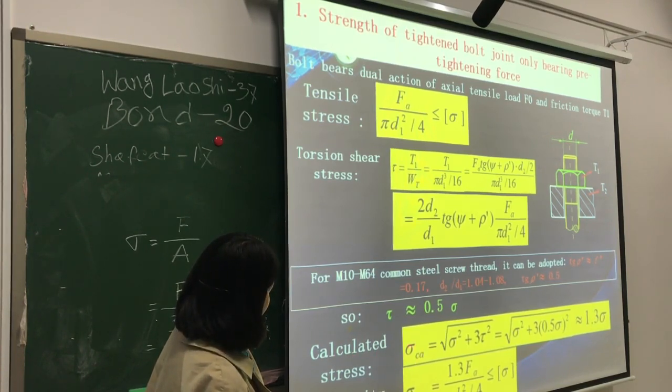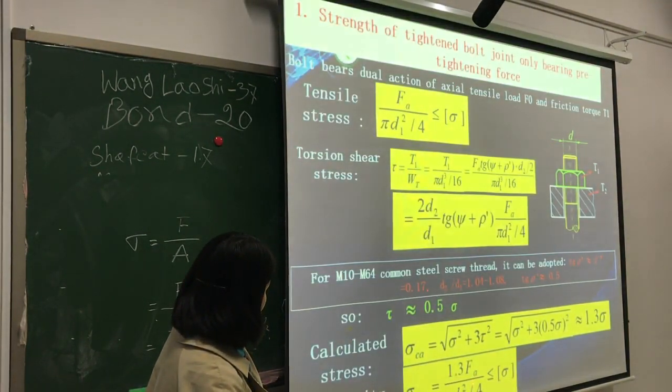We can simplify the equations, and using the third strength theory, we can obtain σca. σca is 1.3 times F0 over π d1 squared over 4, and should be less than the allowable stress.